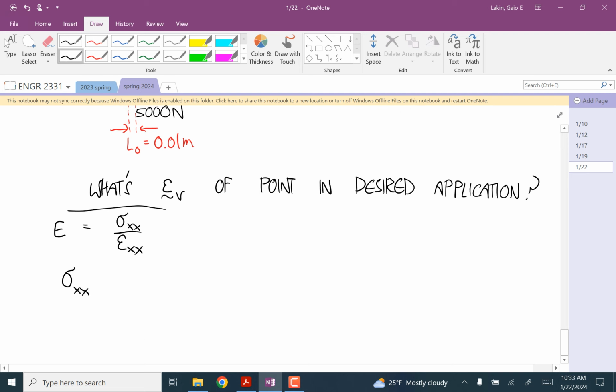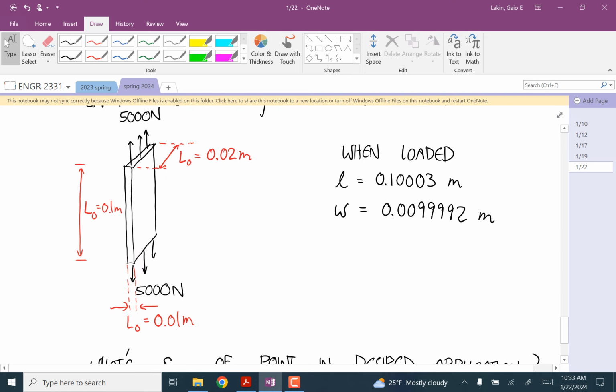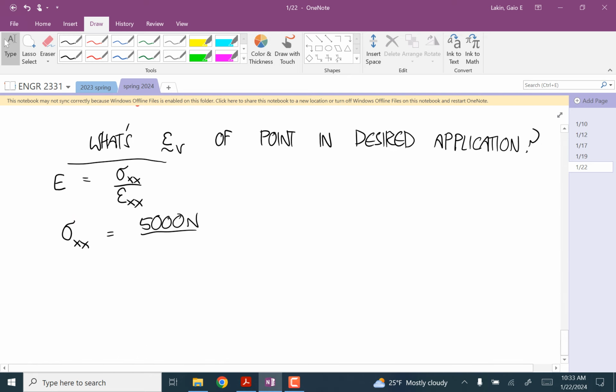Sigma XX is equal to 5,000 newtons divided by the cross-sectional area. So the cross-sectional area is 0.01 times 0.02. These are meters.